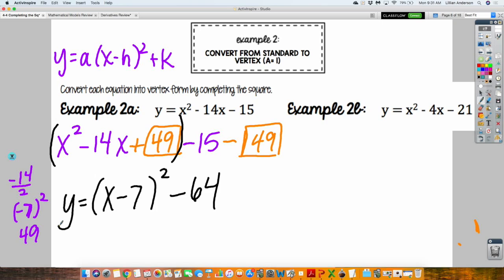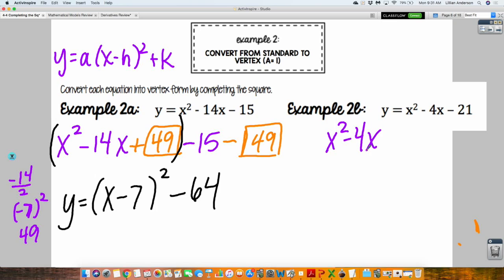We're going to do it again. This is in the form of x squared plus bx, right? So I have to divide negative 4 by 2. What's negative 4 divided by 2? And then what do I do to negative 2?